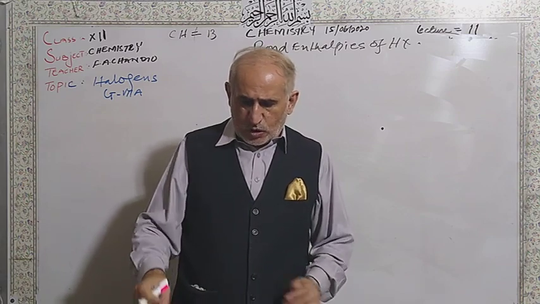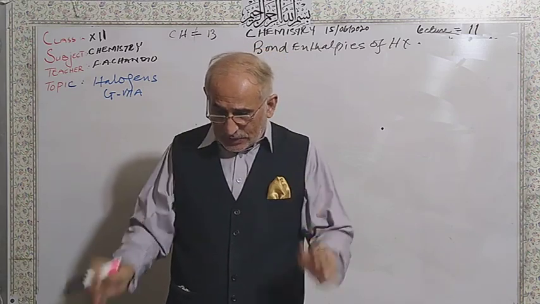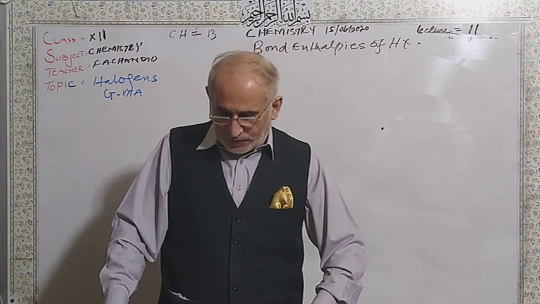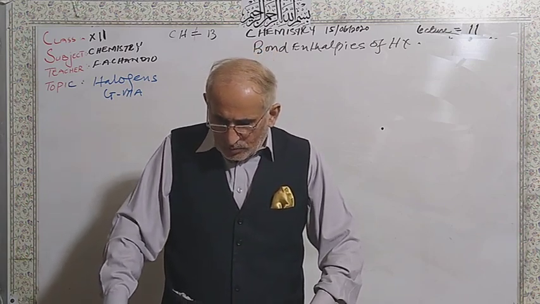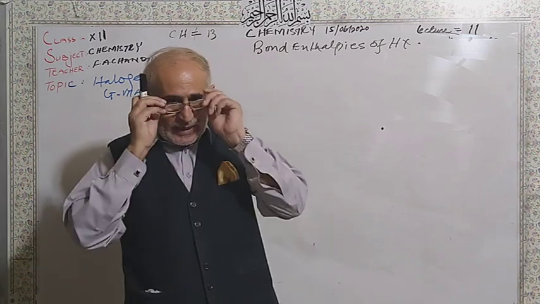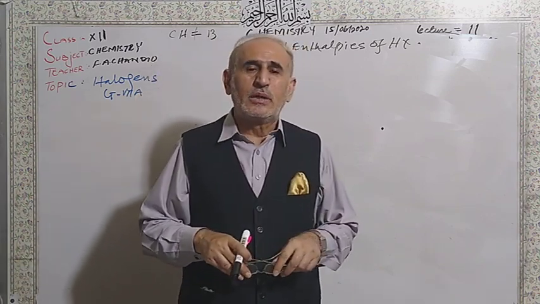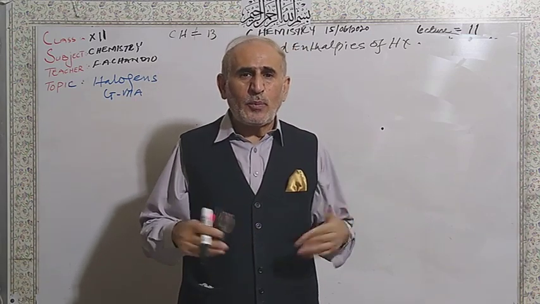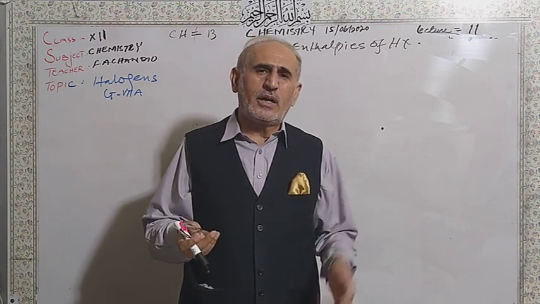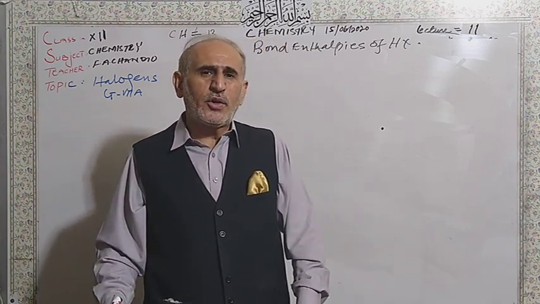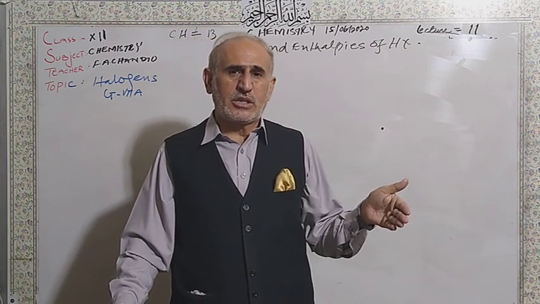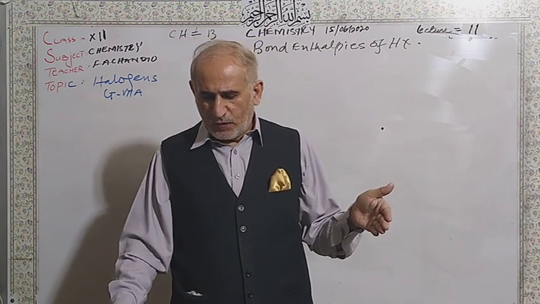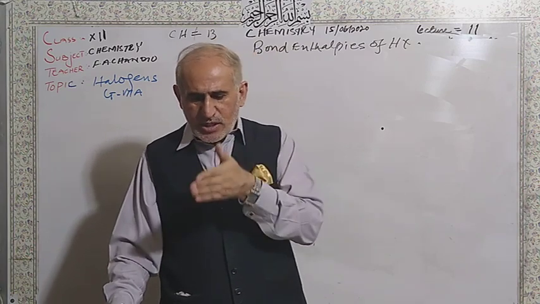So if you see the 13.36 graph, bond enthalpies in kilojoules per mole, hydrogen fluoride has the highest bond enthalpy. For dissociation of the bond between hydrogen and fluorine, you need a high amount of energy. For hydrogen and chloride, it is smaller and smaller.